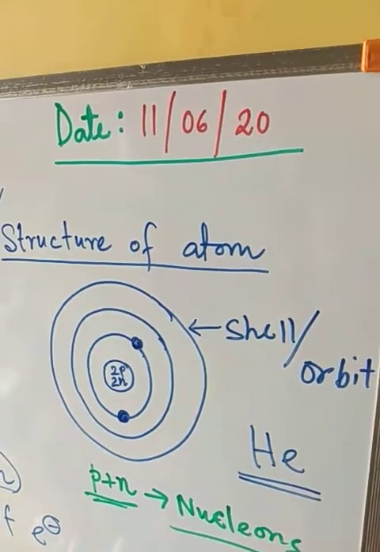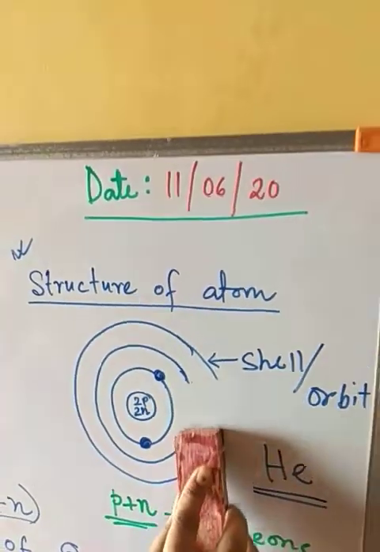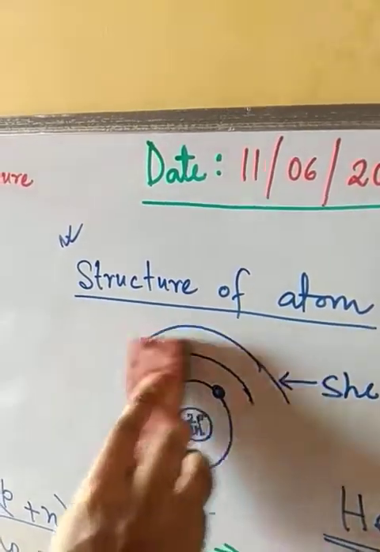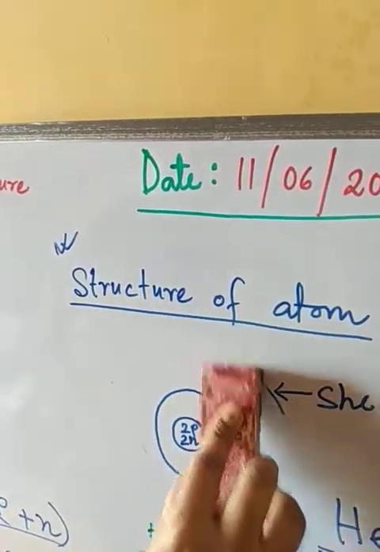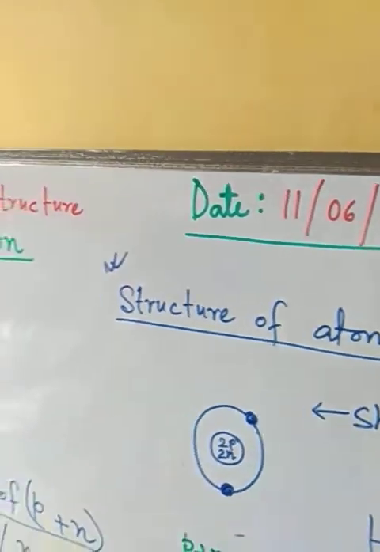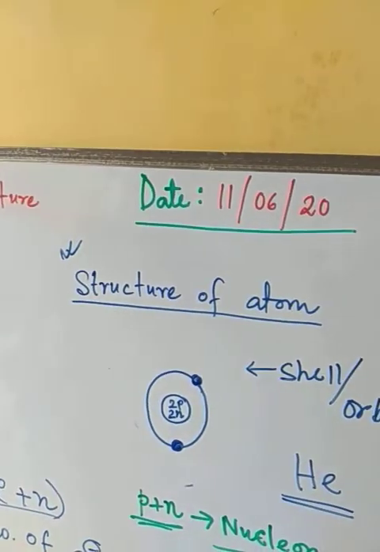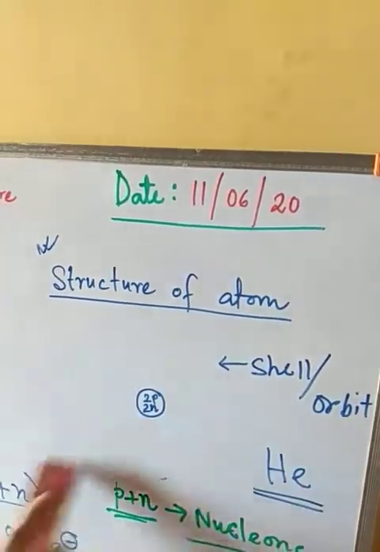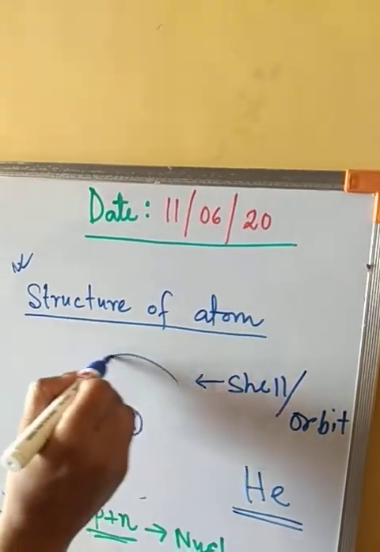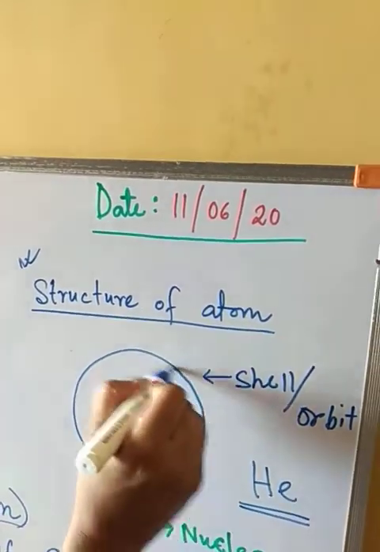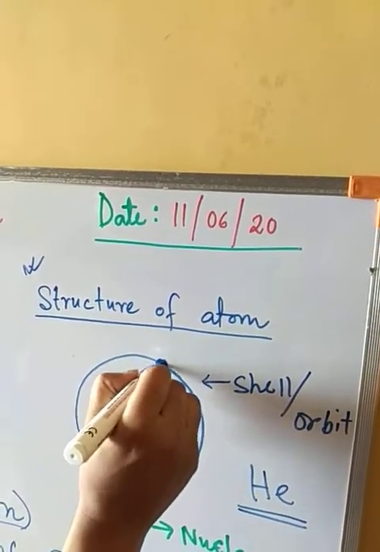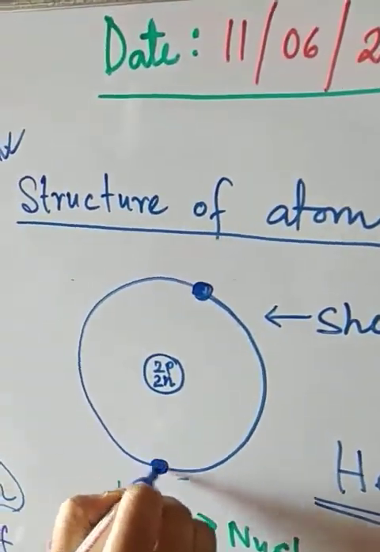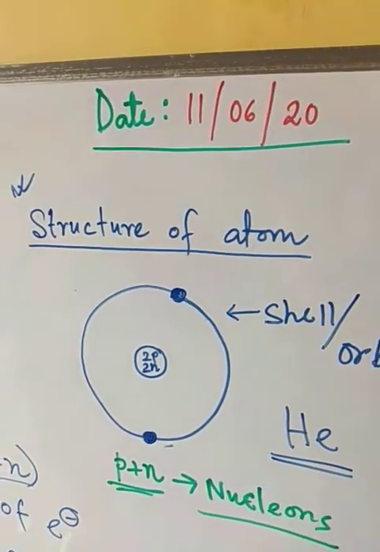As for helium there are no more electrons in the other shells, we can erase those. So this is the structure of helium. You can make it a little bit bigger also.